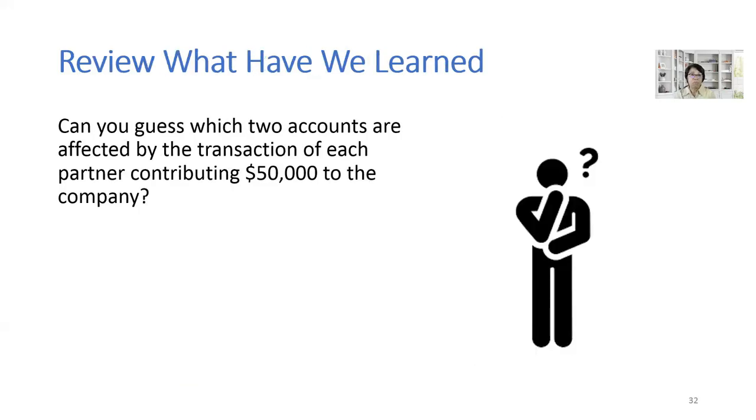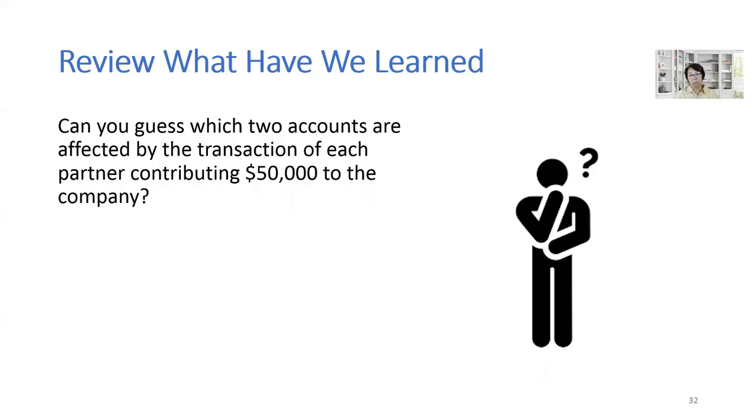Let's review. Can you guess which 2 accounts are affected by the transaction of each partner contributing $50,000 to the company? We just said it. Cash, you put it in the bank, right? You each wrote a check. You gave it to the bookkeeper and said, put this in the business account.